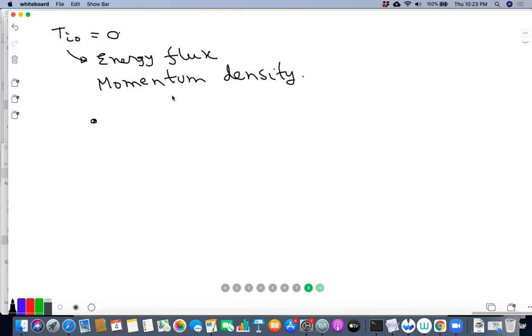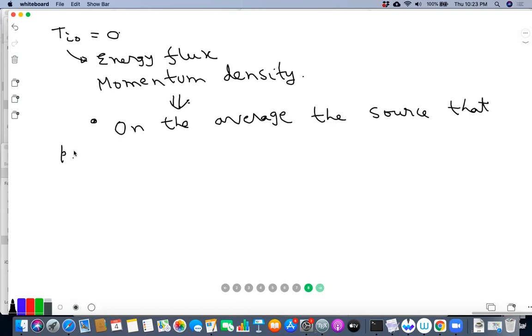So this tells us that on the average, the source that produces T^μν must be at rest in the co-moving coordinates.